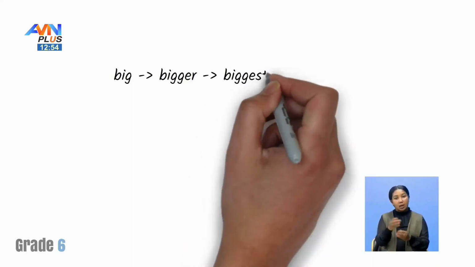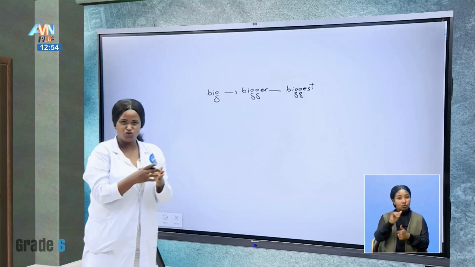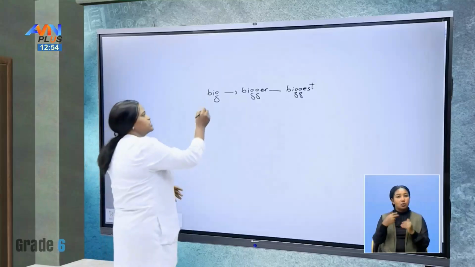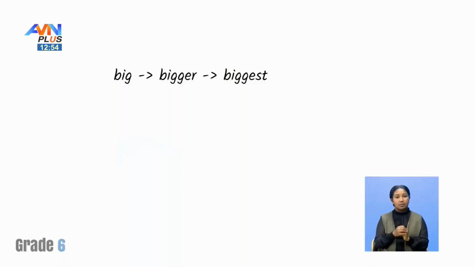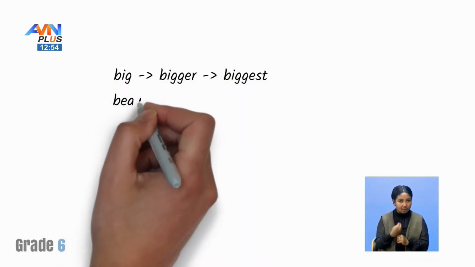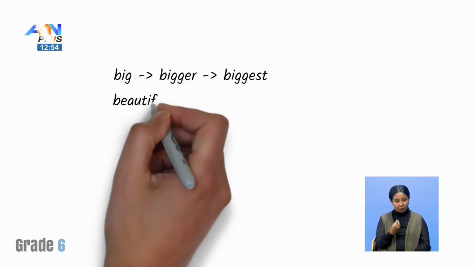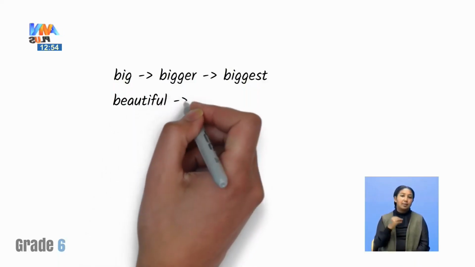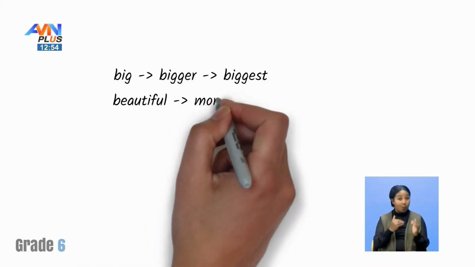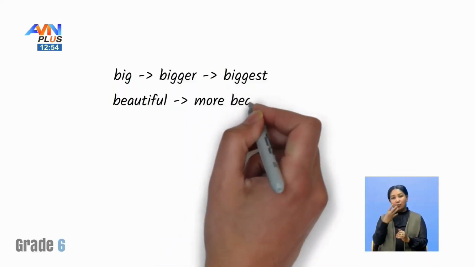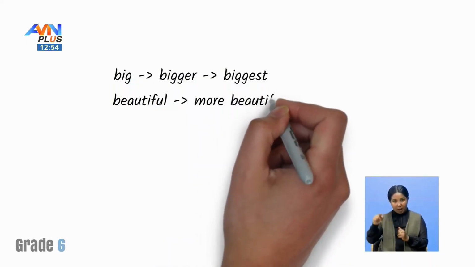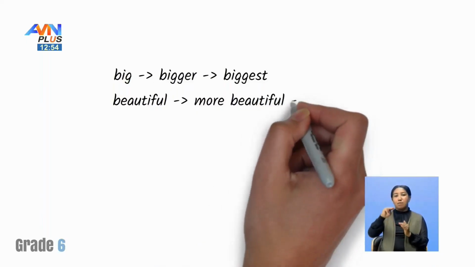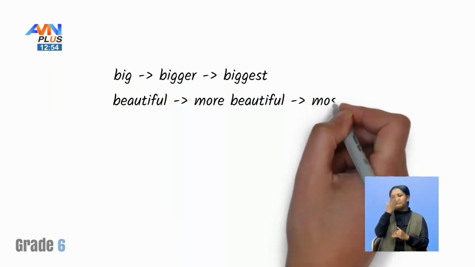And also when it comes with those of two and more syllables, for example, we said what? Beautiful. Yeah? Beautiful. More beautiful. And superlative, most beautiful. Good.